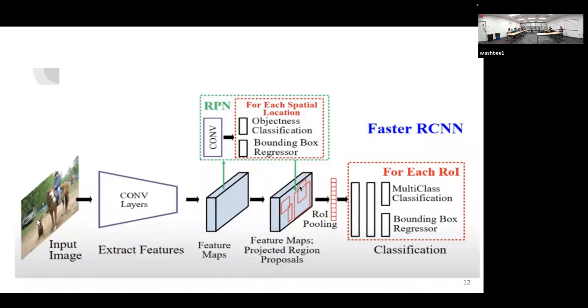So you have one backbone which generates the feature maps, then you project the region proposal onto it, and then you use that for ROI pooling. Then basically you get as many heads as you have final regions, ROIs.